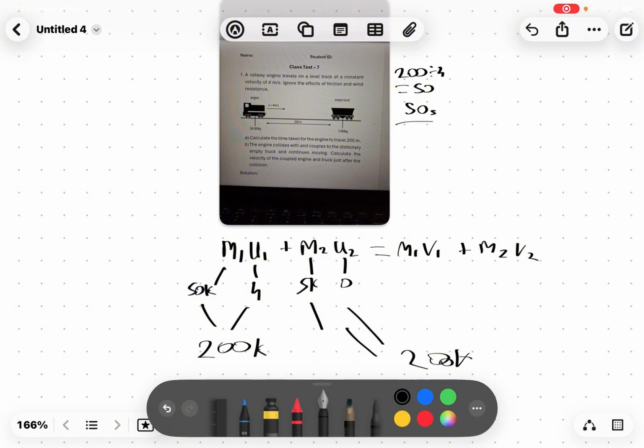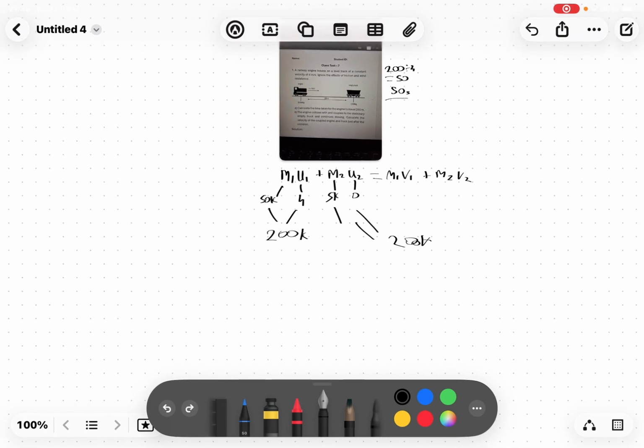Since the velocity is the same, we can say that 200k equals the mass plus the mass 2, times the velocity.